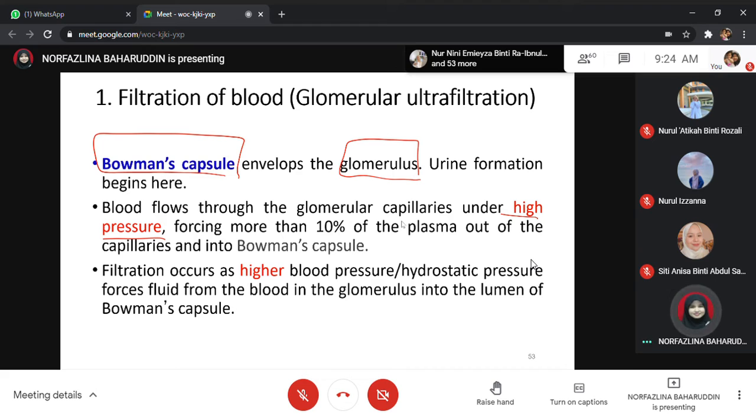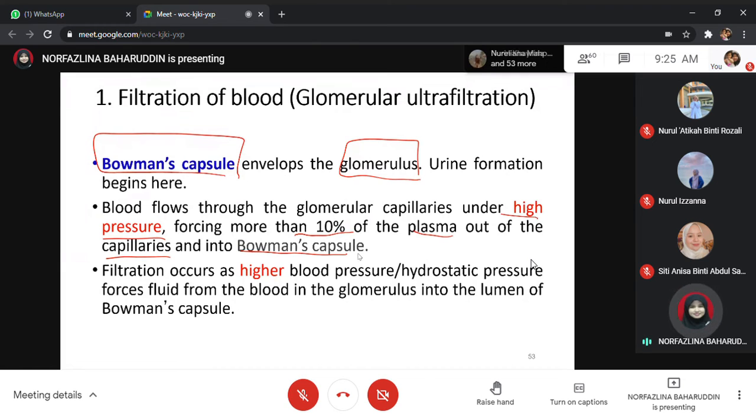From the heart to the renal artery to the afferent arteriole is under high pressure, and it forces more than 10% of the plasma out of the capillaries into Bowman's capsule. It means 10% of the plasma in your glomerulus will be pushed out of the capillaries, into the Bowman capsule. Bowman capsule has a space. It is a capsule that surrounds the glomerulus and the middle part has a space.